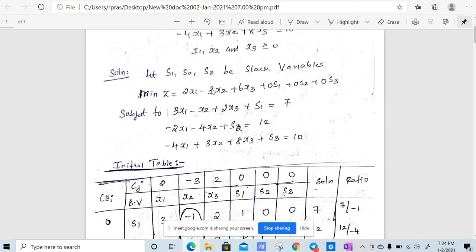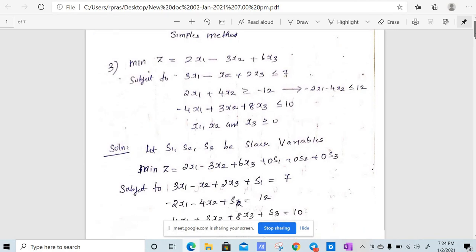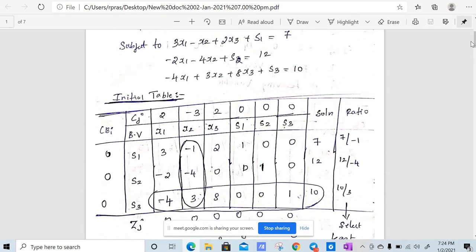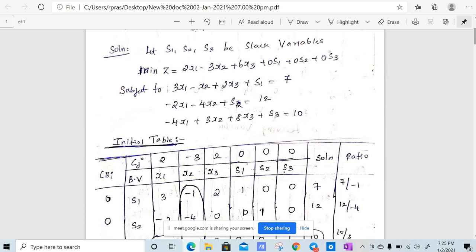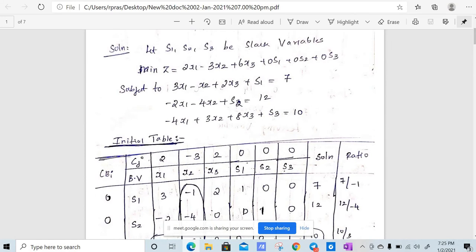It is 2, minus 3, 6, 0, 0, 0. Sorry, the third one is 6. So 2, minus 3, 6, 0, 0, 0.